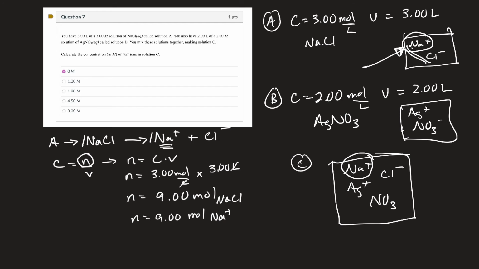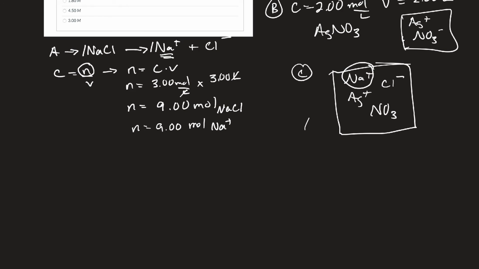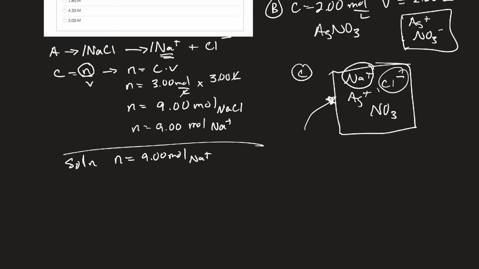So now I want to find the concentration of sodium ions in the big container, solution C. So for solution C, the number of moles I have are 9.00 moles of sodium. And it doesn't matter how many moles of chloride, silver, or nitrate there are. They just want to know the concentration of sodium ions.